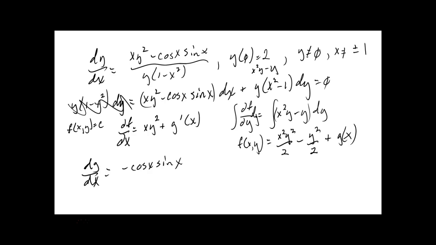Okay? So what we did next was write it into differential form. And we did this times the dy equals this times the dx. That's what we had here. Now, what we did was subtract this from both sides, and that flipped the 1 minus x squared to x squared minus 1.